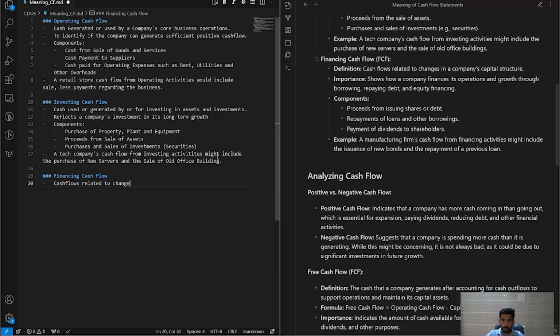So when we are talking about the financing cash flow, it includes cash related to changes in a company's capital structure. It shows how a company finances its operations and growth through borrowings, repaying of debt, and equity finance.